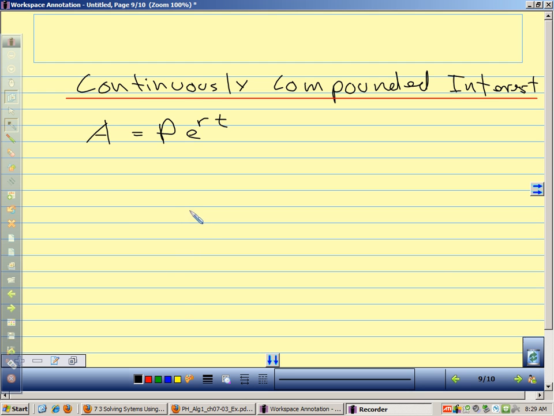And if we did our example that we just talked about, where our principal was $5,000, our rate was 6%, and our time was 10 years, and we plug that into this formula, our amount is going to be 5,000 times e to the 0.06 times 10.